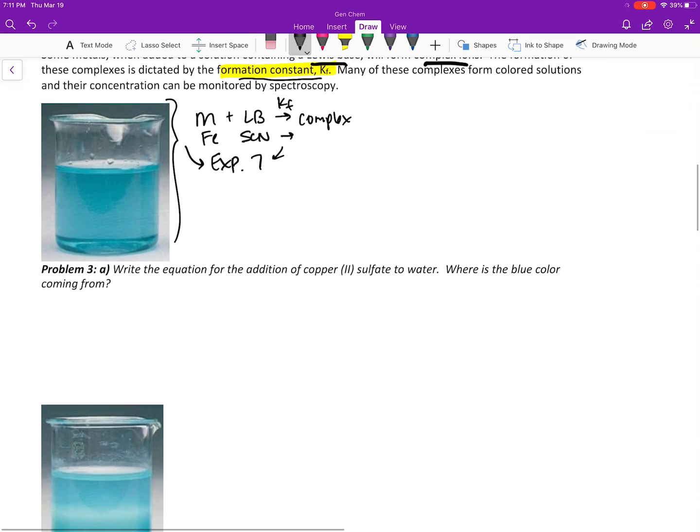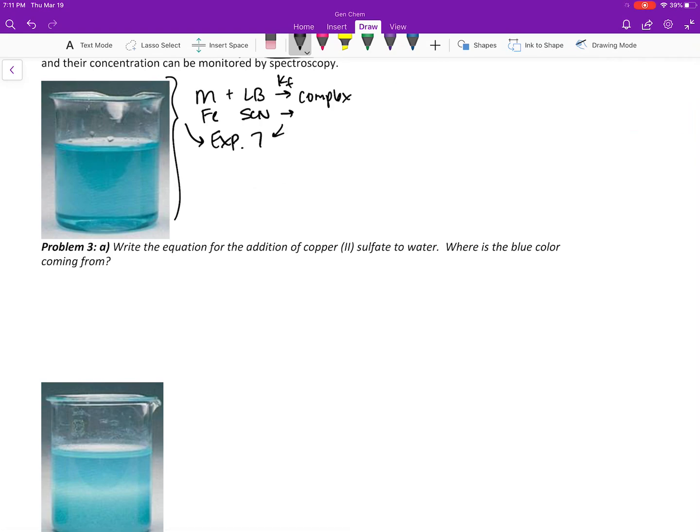So now let's write a couple of equations based on what we're told. The first one is to write the equation for the addition of copper 2 sulfate. So it's Cu2+ plus SO4 2- to water.